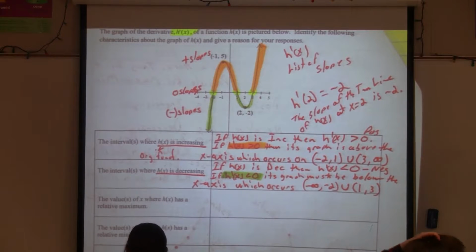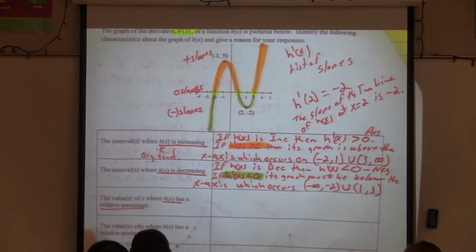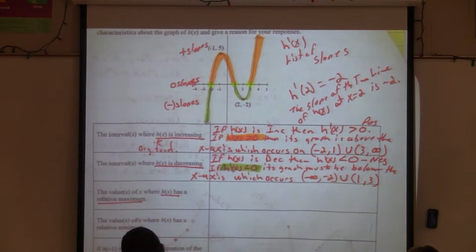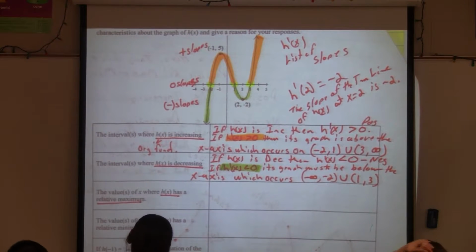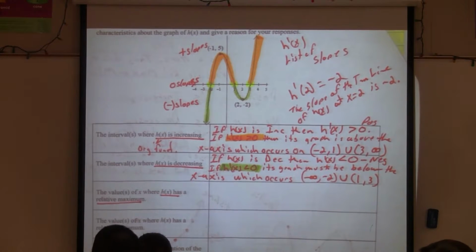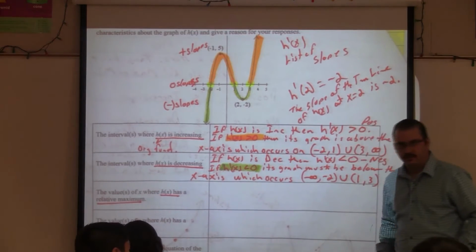Let's answer the next question. Where does h of x have a relative maximum? What has to be true for me to have a maximum? You must go from increasing to decreasing. The slope has to be positive, then the derivative has to change from positive to negative.